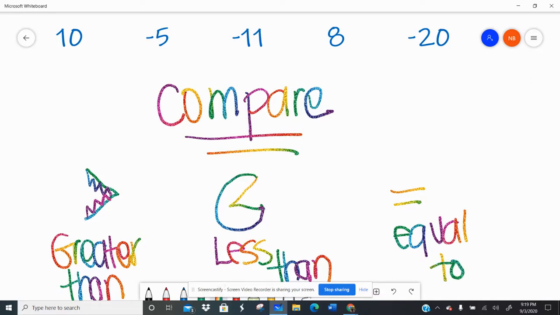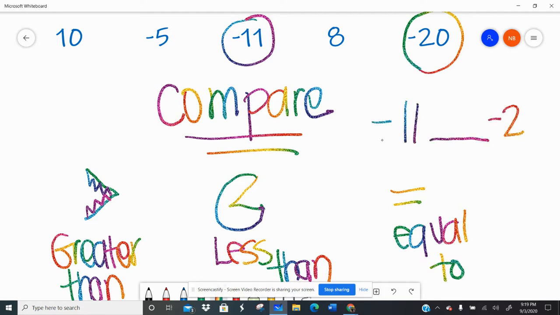So let's take these two negative numbers. Let's do negative 11 and negative 20. Negative 11 is what to negative 20? If I think on the left-hand side, remember, it's kind of backwards world. The bigger the base number, the smaller it actually is.